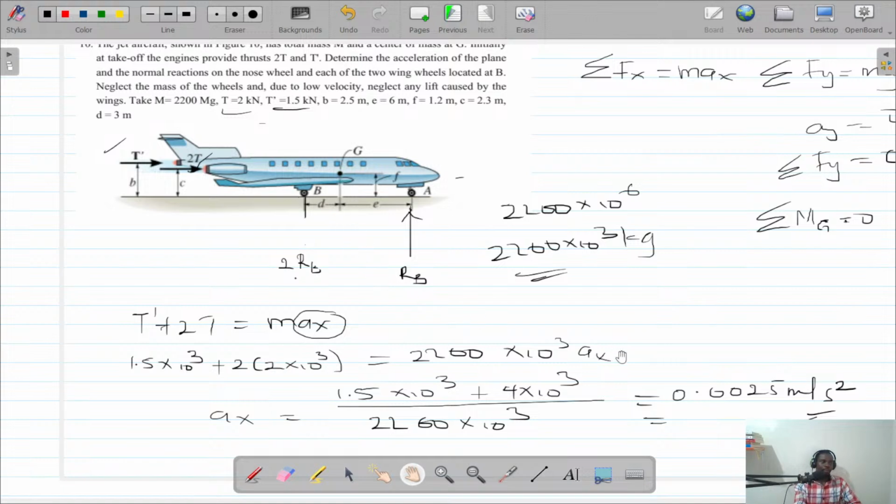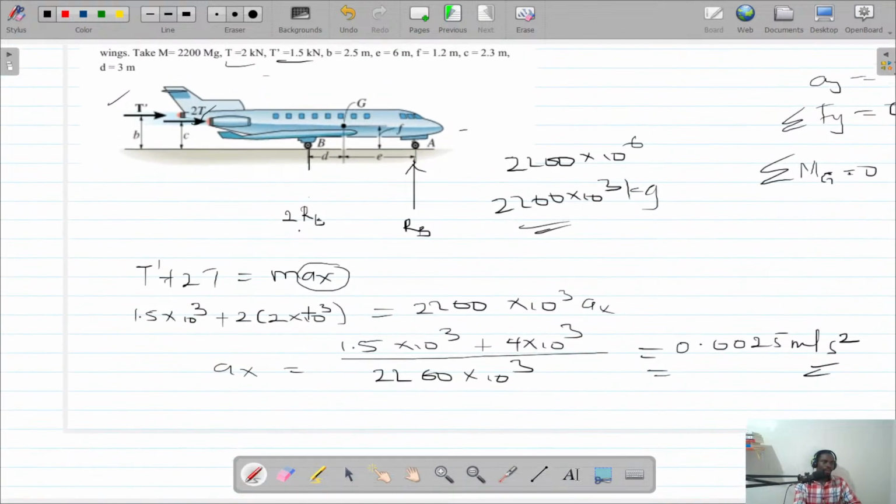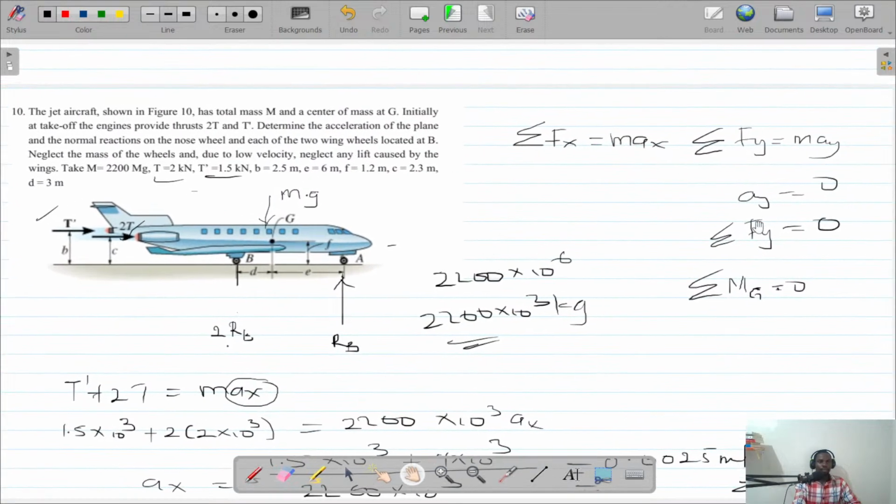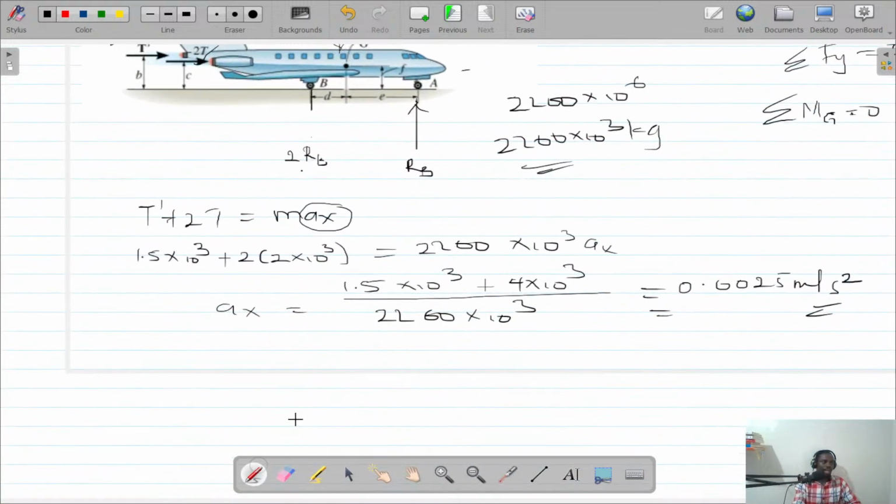But before you do that, we know the weight of the airplane is also going to act downwards, which is M times acceleration due to gravity. Now from here we said the sum of forces in the vertical direction should be equal to 0. So we have the weight, which is negative coming down, plus 2RB plus RE should be equal to 0.